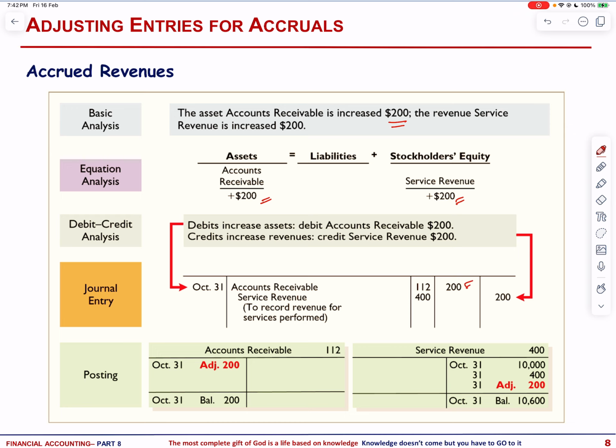Increase in asset is debit, increase in revenue is credit. We have accounts receivable for 200 and the balance is 200. For service revenue, we have 10,000 in the trial balance, 400 for the unearned service revenue earned in the deferrals. You can refer to this in the previous video. And now there is a service revenue credit of 200.